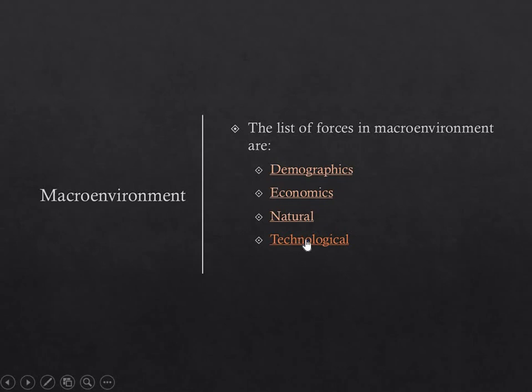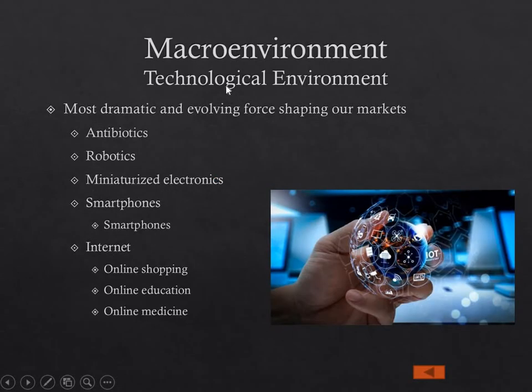Then there is a technological change, or the technological environment. Now this environment actually gives you the most dramatic force, which is changing everything nowadays, right? There are antibiotics, there are robotics, there is the miniaturization of the electronics, your smartphones, your internet, your online shopping.